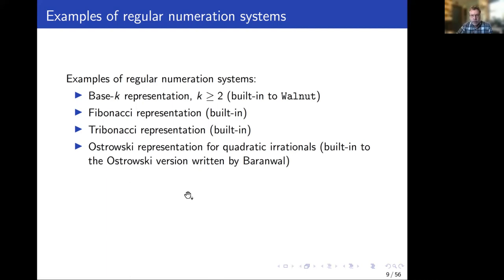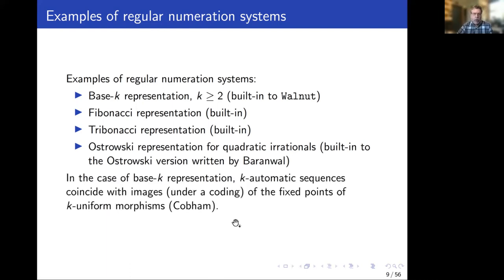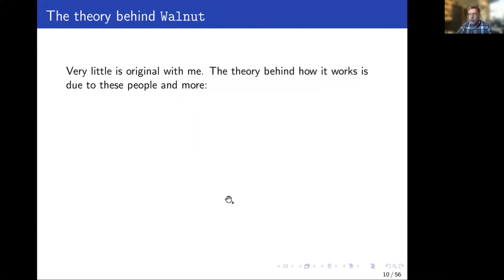And that new version by Baranwal also has some minor cosmetic improvements over the old version. Okay, so in the case of base K representation, we know that K-automatic sequences coincide with images under a coding of the fixed point of K-uniform morphisms. So we can just write down that K-uniform morphism instead of the automaton. It's a little bit more compact, maybe.